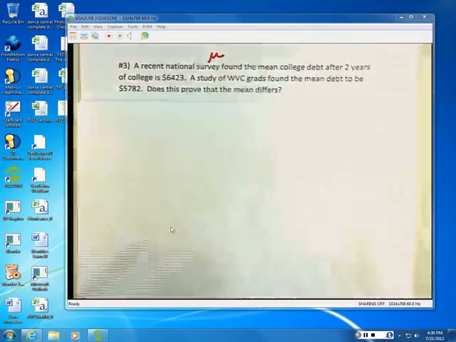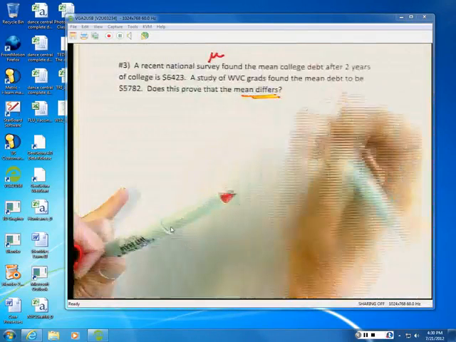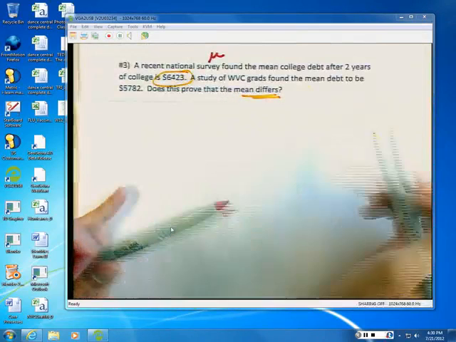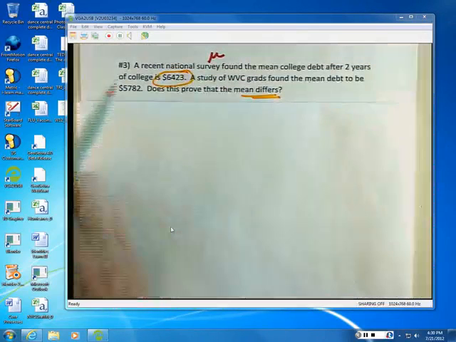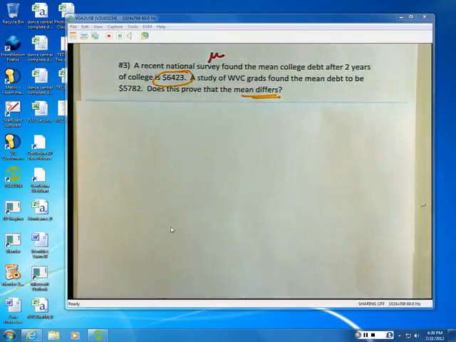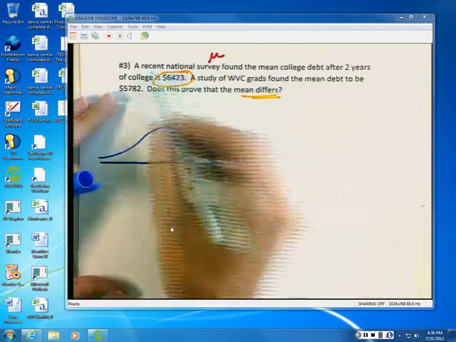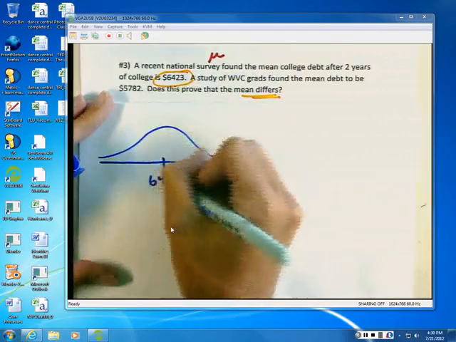So now the claim doesn't say, is it significantly higher or lower than the 64.23? We just want to know if it differs. So we ignore that sample result. We just want to know if it's different. So in that normal curve, I take that recent national survey mean, which is 64.23.